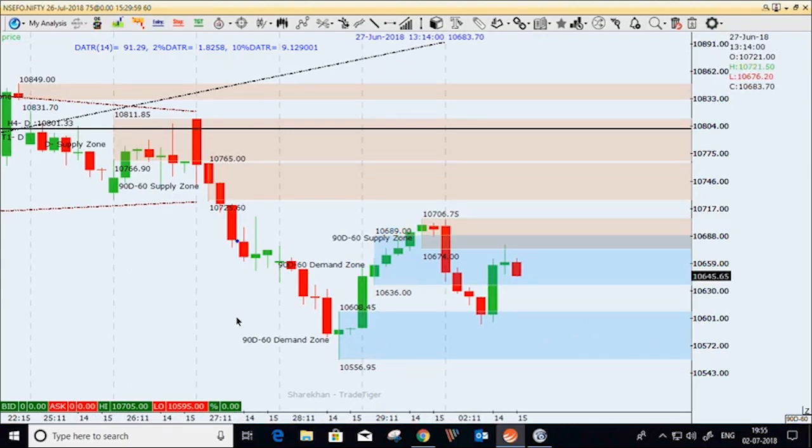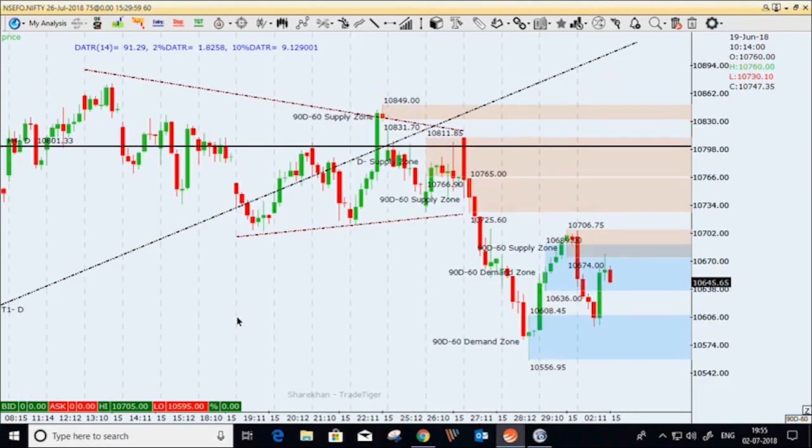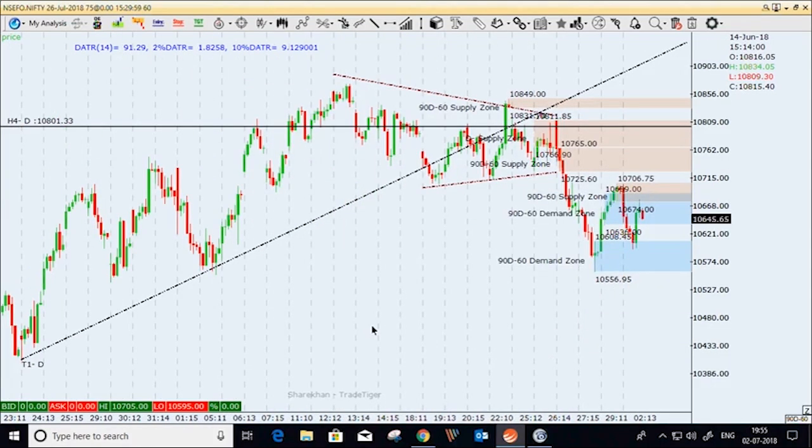Why? Because US market is closed and we can expect a sideways movement in Nifty, Bank Nifty for at least 2 days. Tuesday and Wednesday, US market is closed. And when US market is closed, we also see less volatility in our markets.